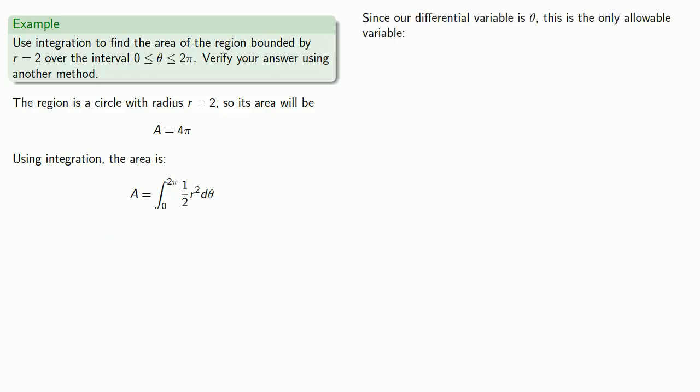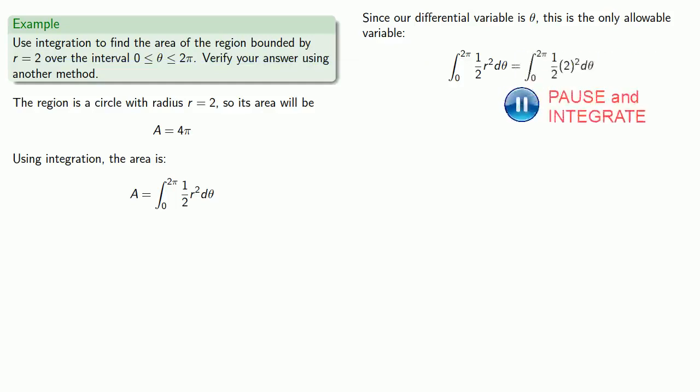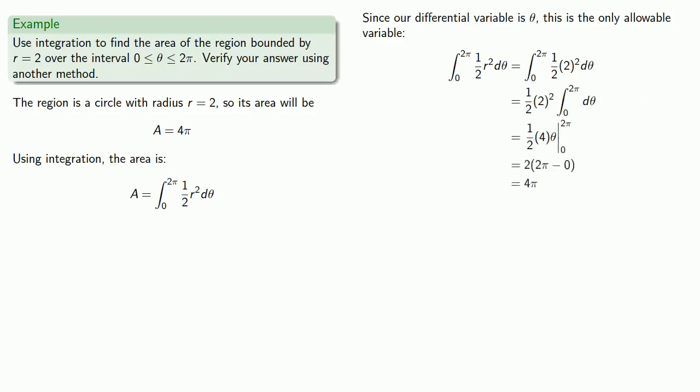So we need to replace r with something else. And since r equals 2, we can replace it and do the integral. Which gives us our area of 4 pi, which is what we expected it to be because we know that the region is in fact a circle.